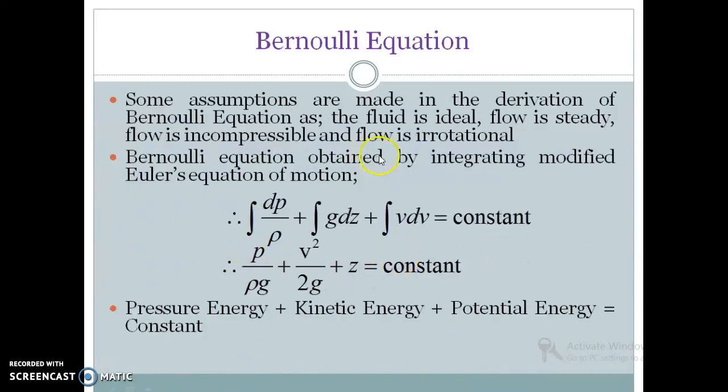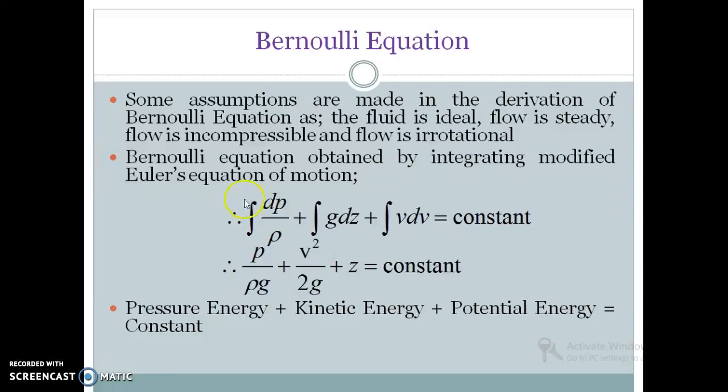For the derivation of the Bernoulli equation, we have to make some assumptions: the fluid is ideal, flow is steady, flow is incompressible, and flow is irrotational. Here we get the Bernoulli equation simply by taking integration of the modified Euler's equation.